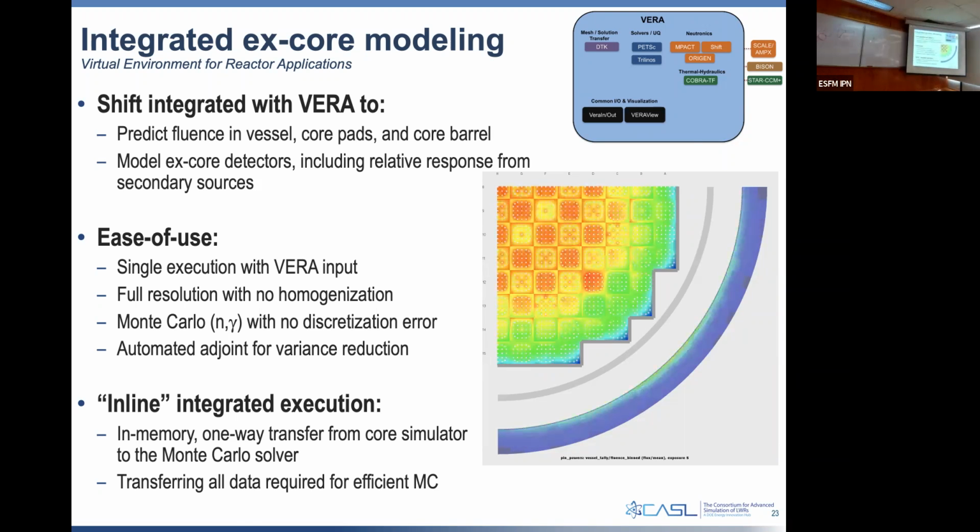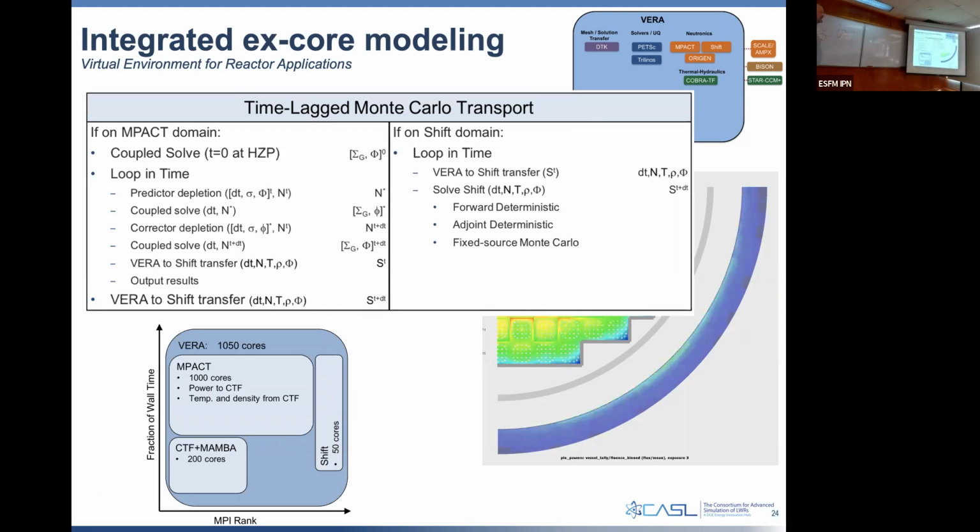So to do that, what we did was time-lagged Monte Carlo transport. In our domain, we had our original 1,000 processors for IMPACT and 200 for CTF plus MAMBA, and Shift just needed 50 extra processors.